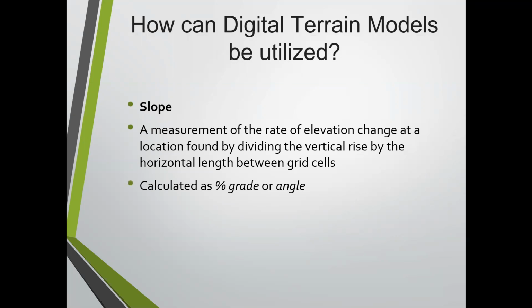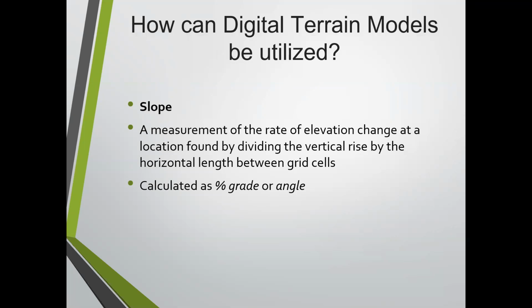And what you can do is then calculate this either in terms of percent grade or angle. Most people would probably use percent grade, but it's a very useful tool when you're looking at siting, say, a subdivision, and you're looking for the best areas to build housing, for instance. You may want to limit your locations to, say, from 1% to 15%, which you might consider your most buildable areas.